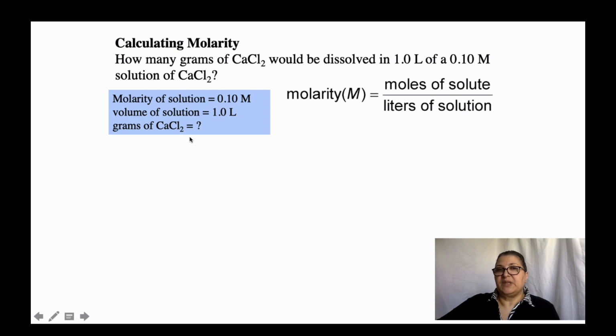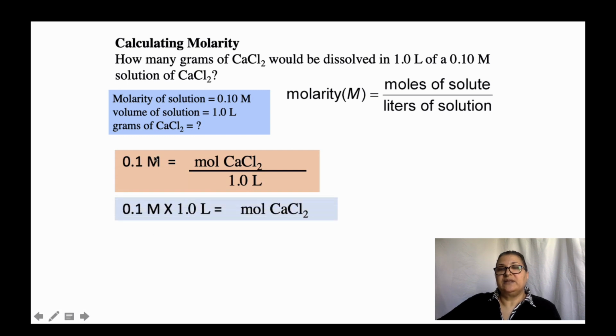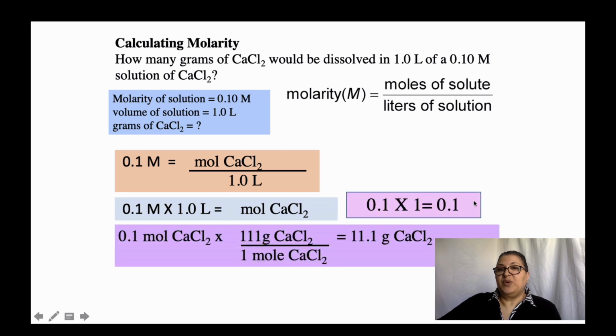So molarity is 0.1, so just plug in. The volume is 1. Moles of calcium chloride is 0.1. Just cross multiply, 0.1 times 1. So we have 0.1 moles of calcium chloride.